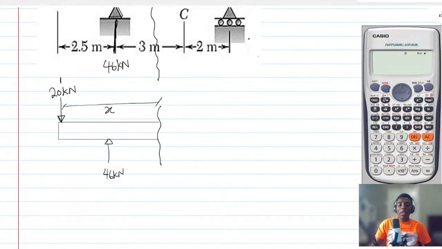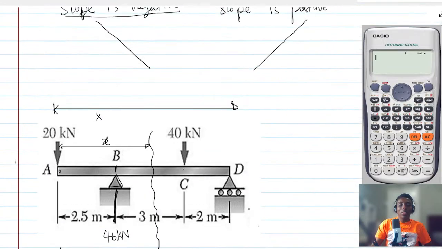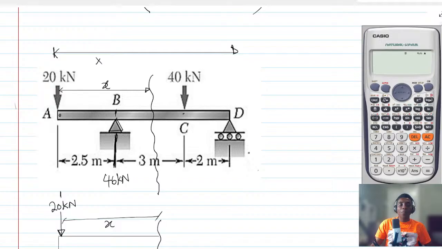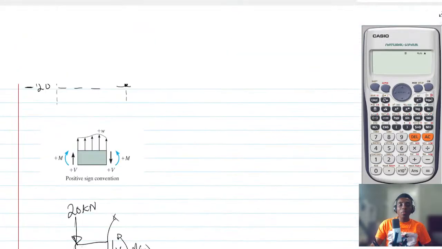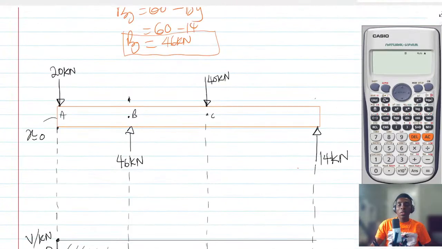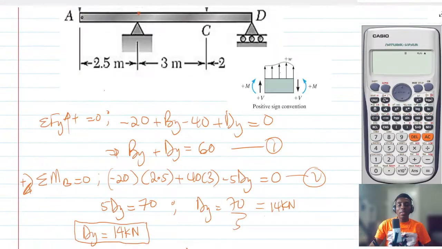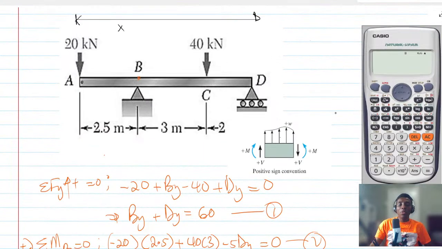But let's not forget that whenever we do the cut, we will be following this principle here.